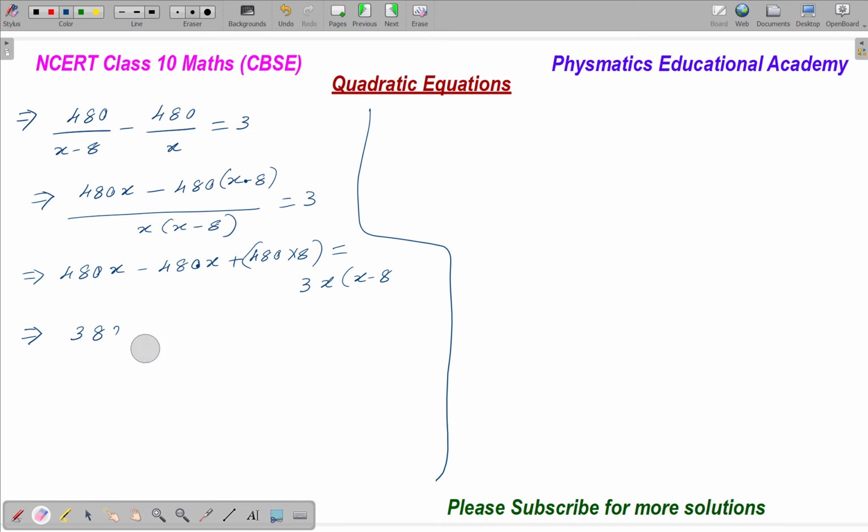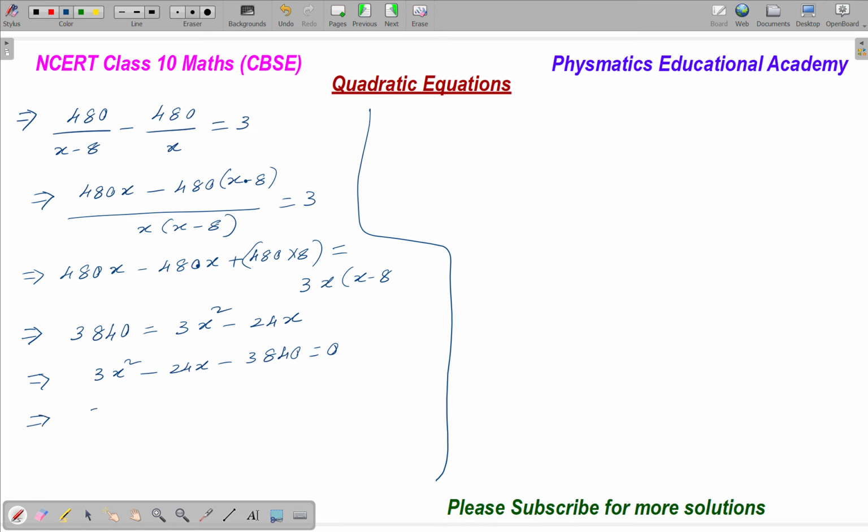That implies 3840 is equal to 3x square minus 24x. That implies 3x square minus 24x minus 3840 is equal to 0.